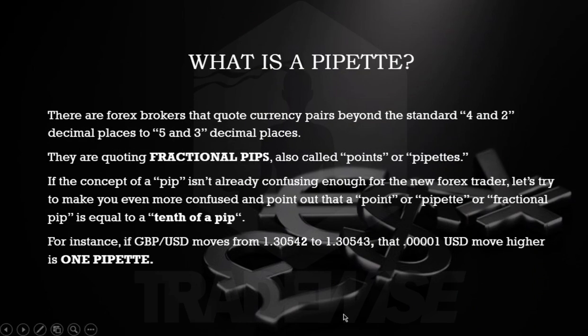Okay, so now if we are working off of just this, the last number here is called a pipette or a point. It is the basic point in price. Just like the lowest number is 1, the same thing here. This is the lowest, the unit of price.